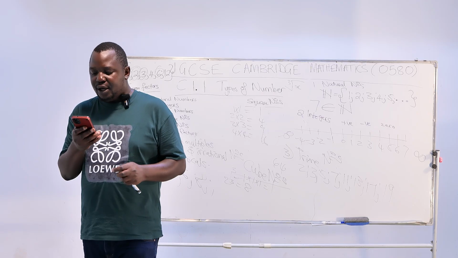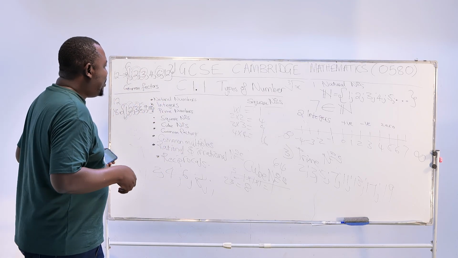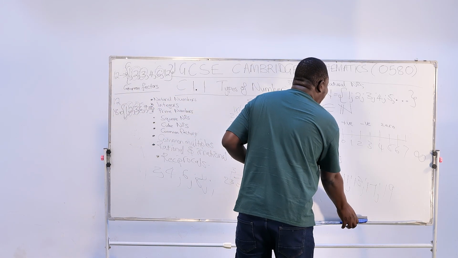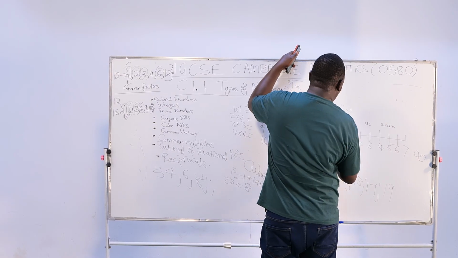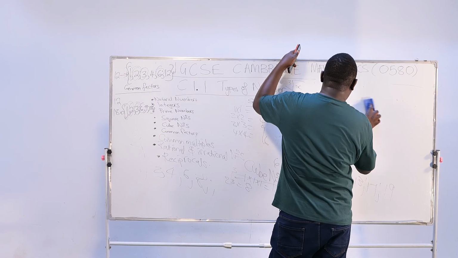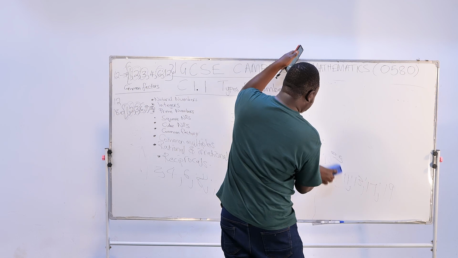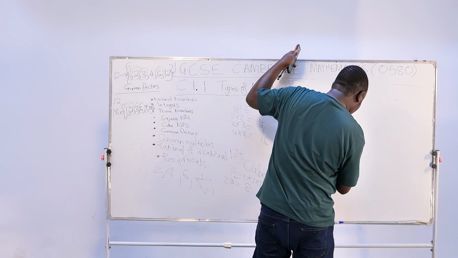All right? So, by definition, a rational number is a number that can be expressed in fractional form. Let me explain further, because I know some are moving in a parallel trajectory.